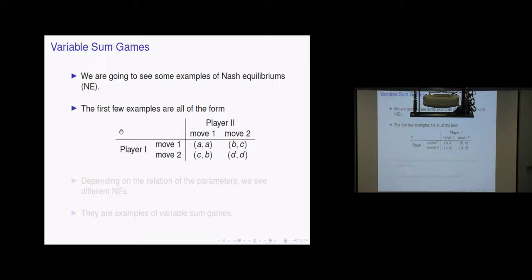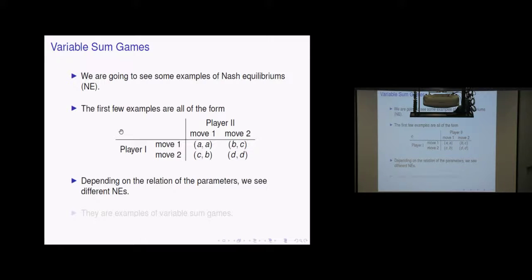If you change the numbers, the relative positions change. If you set A less than D and D less than B or something, you get one situation. If you change the payoff, you get another situation. This is quite natural, because people try to maximize the payoff. If you change the payoff, of course they change their strategies accordingly.